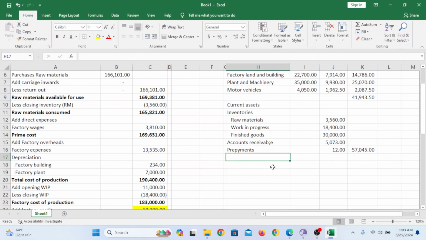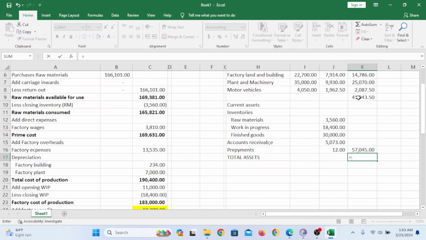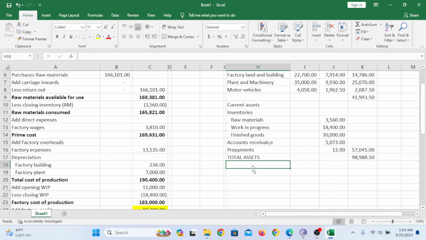So then we sum up together total assets. So that is equal to 41 plus 57,045. So those are total assets.